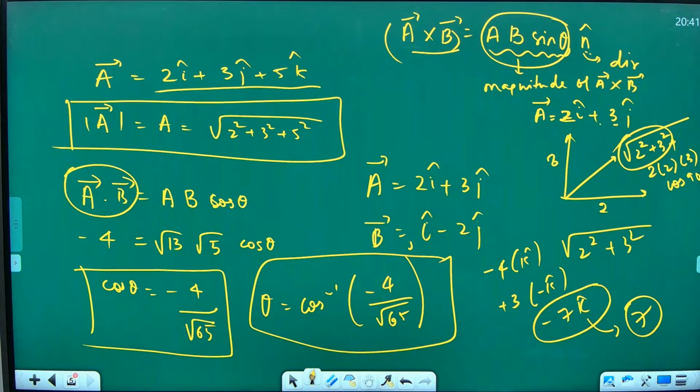What is the angle between A vector and C vector? This is the level of question which is expected in the school examination.